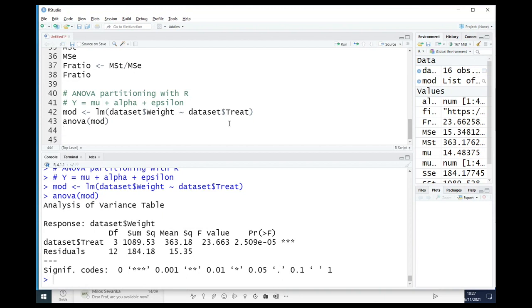To me, it's okay if you are able to get this table from R. But I found that all students are puzzled by this table because they wonder, where do these values come from? And that's why I'm doing the hand calculations at the beginning. Because now we know where these values come from. Okay.